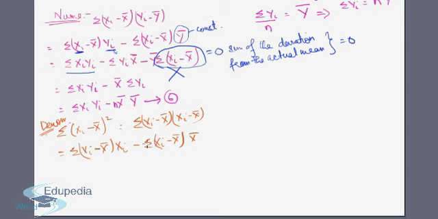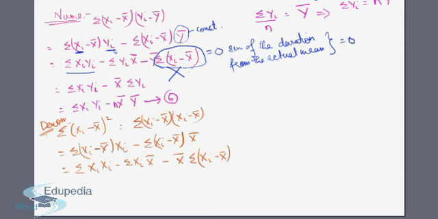X bar being constant can be taken out, and here this can be further split by multiplying it with this term. So we'll have summation xi into xi minus summation xi into x bar minus this term. Again, if you see, I have x bar times summation xi minus x bar.